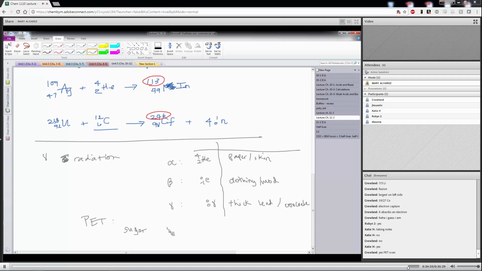Usually this is done as a brain scan because your brain feeds on sugar, glucose, almost exclusively. So if we want to look at your brain and try to image certain areas to see which areas are working harder and which areas are not working at all, then we might do a PET scan to do that. Minimally invasive, it's a lot easier than cutting into your brain to look inside to see what's going on, and can tell us interesting things.